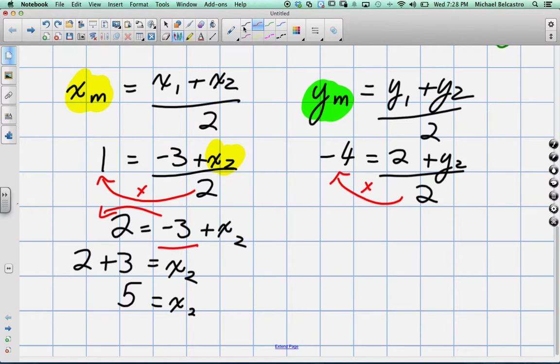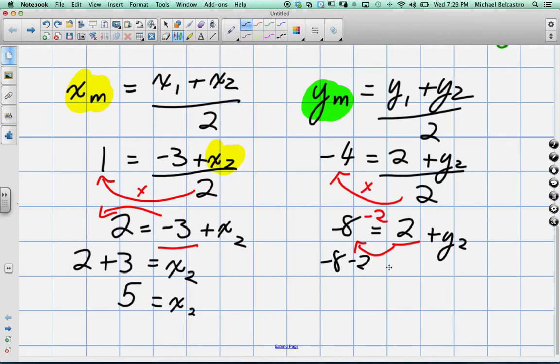Do you know what it'll equal on the left side when we do that? You can use a calculator. -8. Great. What will be on my right side? 2 plus y2. Great. And then now what? We take the 2 and put it to the other side. So -8 minus 2. Excellent.